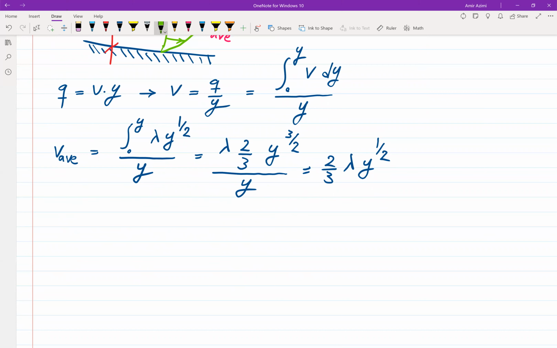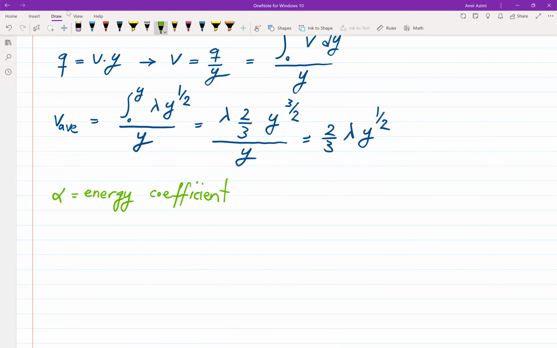So alpha is the energy coefficient. And the expression of alpha is equal to integration from 0 to y, v to the power of 3 dy divided by v average cubed times y.